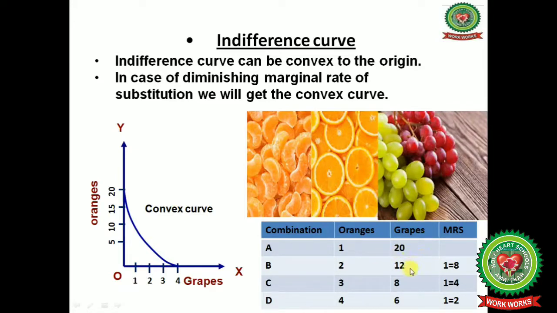But here firstly we sacrificed 8 units of grapes, then 4 units, then 2 units. Now the marginal rate of substitution continuously decreases as consumption of oranges increases. When we mark these points on the x-axis and y-axis, we get the convex curve that bends towards the origin.